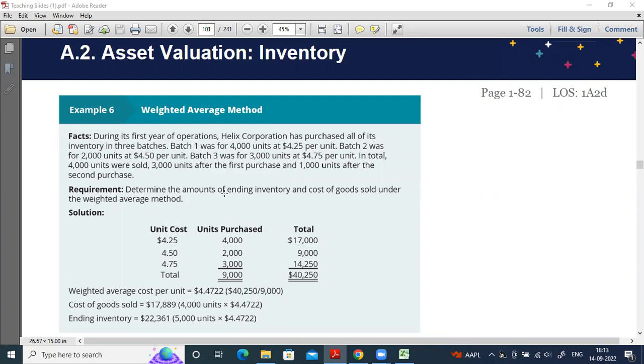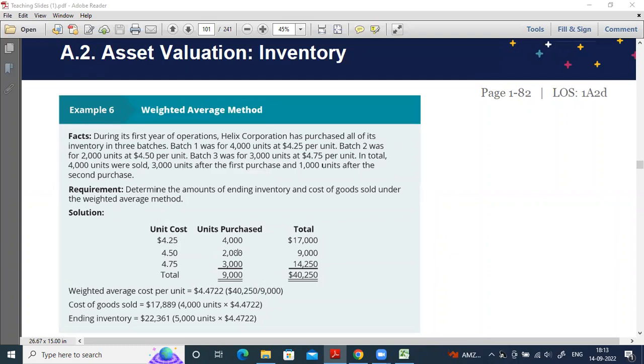Now try to understand this concept guys. First we purchased 4000 units at the rate of 4.25. So 4000 into 4.25, what is the total? 17,000. That is the first batch. Then you purchase the second batch, 2000 units at the rate of 4.50.